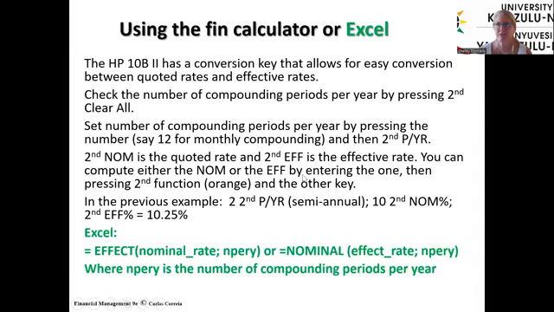So put in the one that you have and ask your calculator for the one that you don't have. So in that previous example, 2 would have been our PYR setting because it's semi-annual. 10 was our nominal rate. So we go 10, second function NOM%. And when we hit second function EFF%, you'll see it'll give us the effective annual rate. Okay, so I'm going to stop sharing and show you that on the calculator.